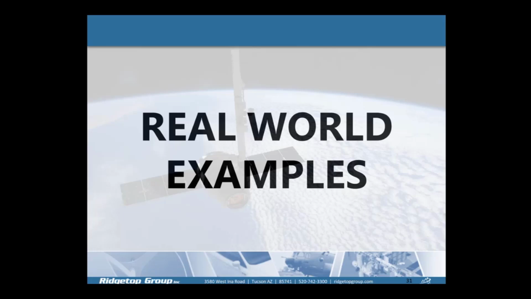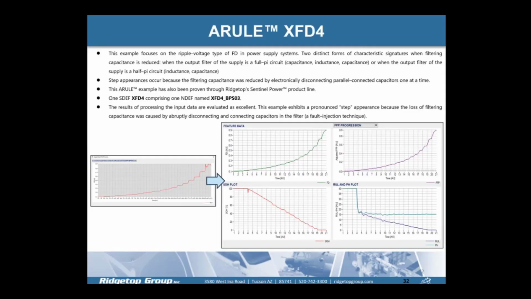This example focuses on the ripple voltage type of feature data in power supply systems. Two distinct forms of characteristic signatures arise when filtering capacitance is reduced: when the output filter of the supply is a full pi circuit, or when the output filter of the supply is a half pi circuit.